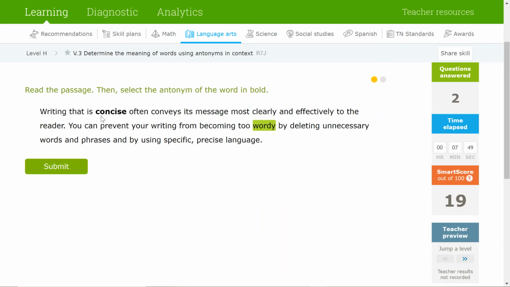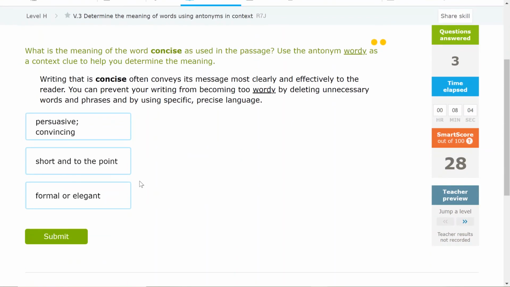Notice that oftentimes you have the same subject for your antonyms. In this case, the subject is writing. In the last one, the subject was technologies. All right, and what does concise mean now, based on the fact that it's the opposite of wordy? Well, wordy is, let's say, has a lot of words to it.